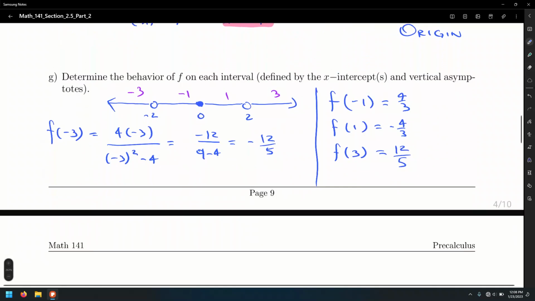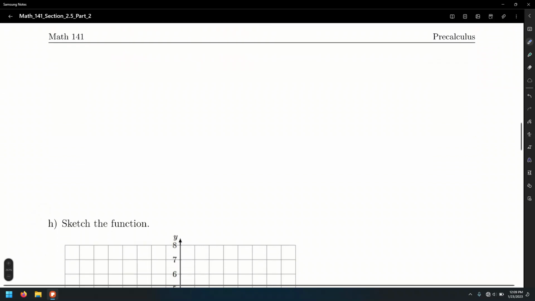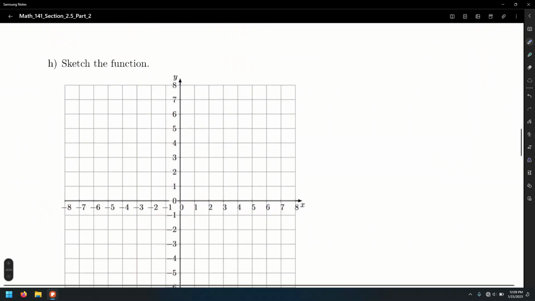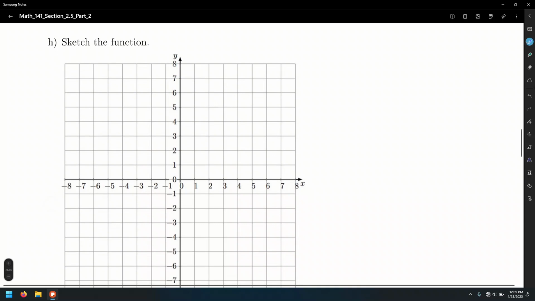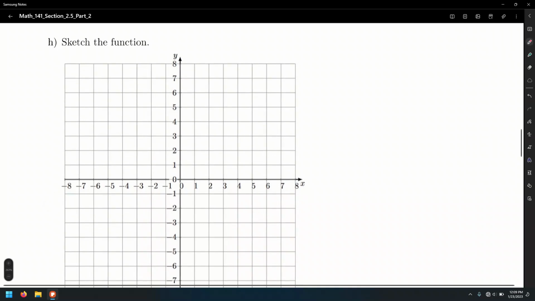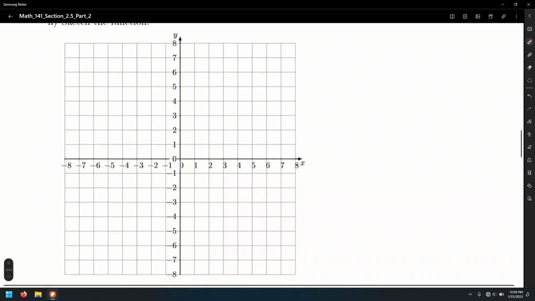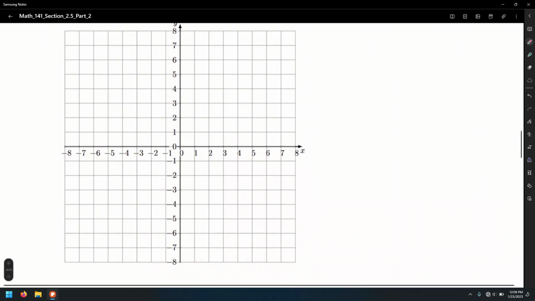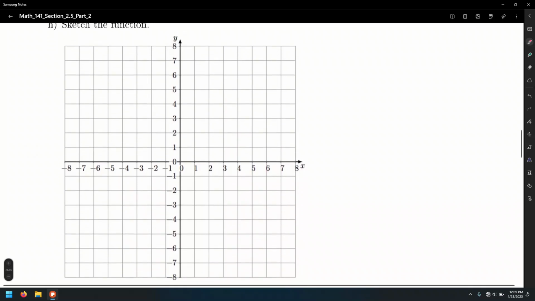Now, we will need this, so let's just sketch the function with all the information that we have. Again, if you use colors, make sure to draw the asymptotes using red. That's usually the kind of red flag for those values that the function is not supposed to touch. And what do we get in this case? Well, we have two vertical asymptotes, one at -2 and one at +2.